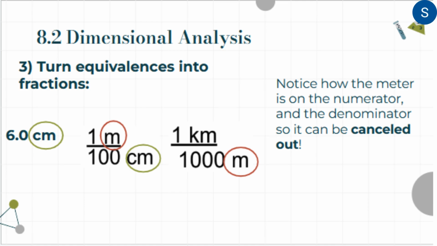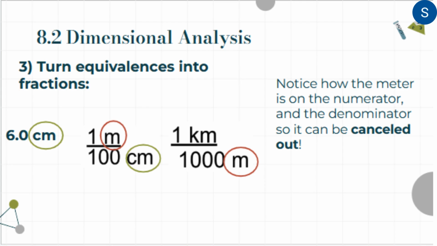Next, we turn our conversion rates into fractions. As you can see here, the first conversion rate, 1 meter over 100 centimeters, is written with the meters on the top and the centimeters on the bottom. This is because our given value is 6 centimeters, so we write 100 centimeters on the bottom. Notice that the values circled in green are in centimeters, and one is on the top and one is on the bottom.